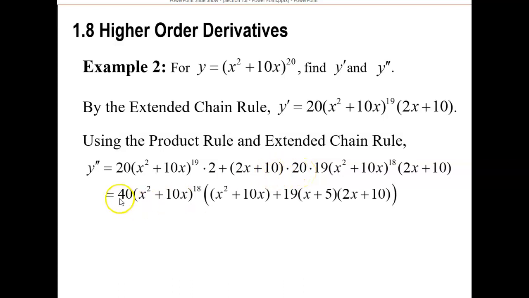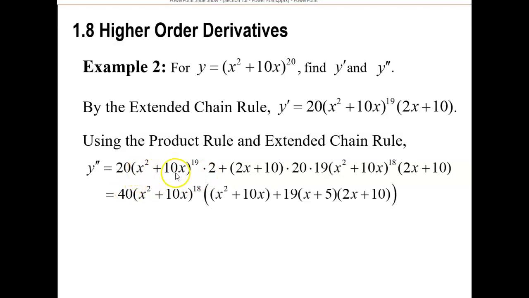So we're factoring out 40. We also have a common factor, x squared plus 10x. This has a 19th power of that, and this term has an 18th power, so we can take out the 18th power.